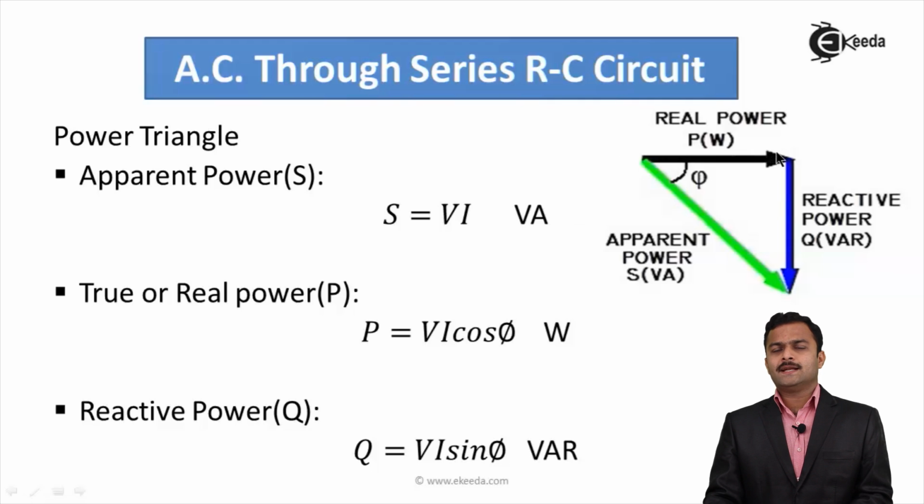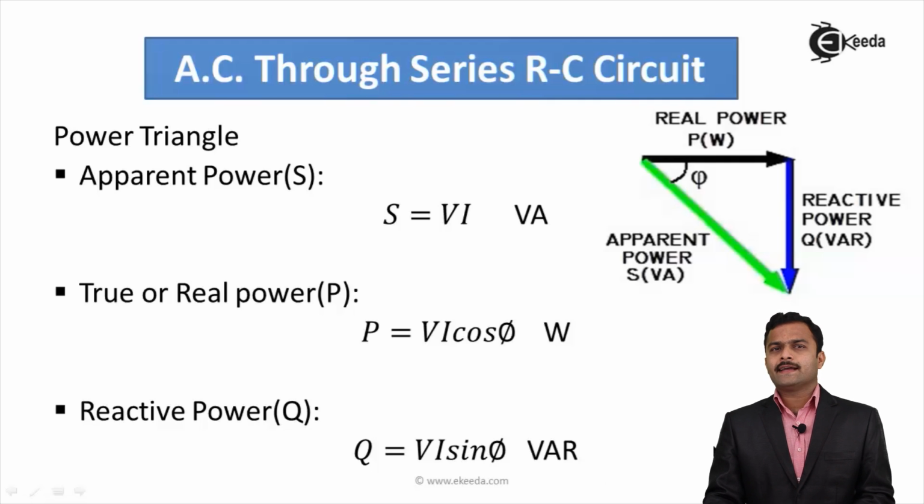Power P is a real power, it is nothing but a product of voltage and active component of current, which is I cos phi. So, I will get P as VI cos phi, unit is watt or kilowatt. Reactive power is Q, nothing but a product of voltage applied and reactive component of current, which is I sin phi. So, ultimately I will get Q as VI sin phi. Since it is a reactive power, unit is volt ampere reactive, or kilovolt ampere reactive.